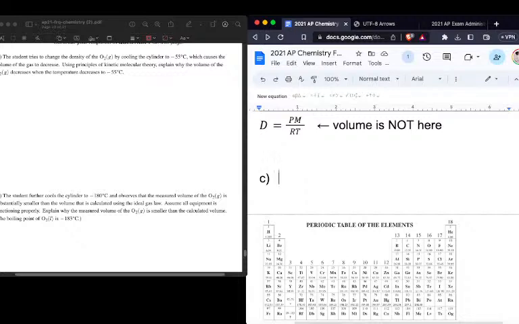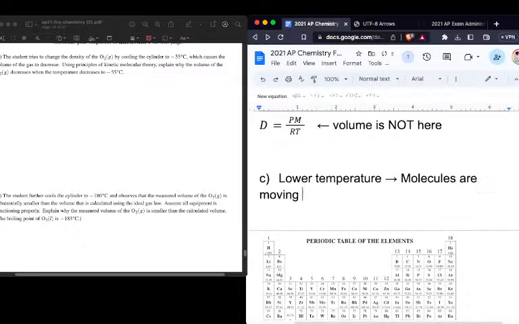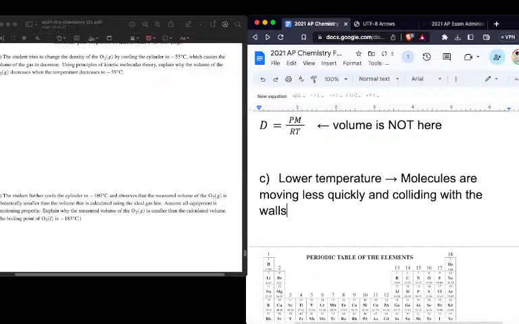I think what they're going after here is lower temperature means the molecules are moving less quickly and colliding with the walls of the container and each other less frequently.